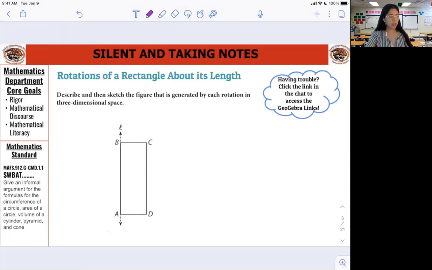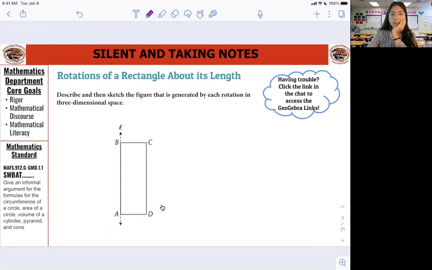Jalen says a cylinder. Tyrone disagrees. It would not be a cylinder, but it would be similar to a cylinder. Okay. But more spiky. Okay.